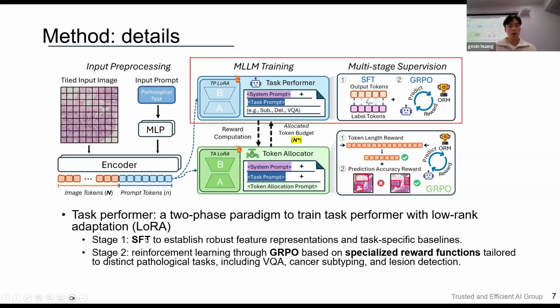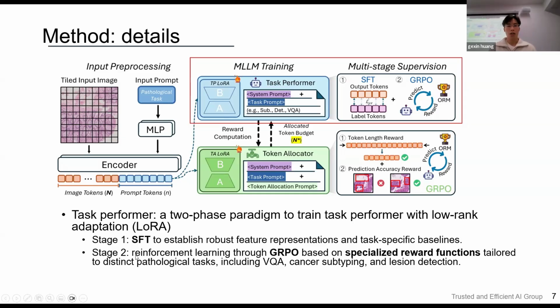The first phase utilizes supervised fine-tuning to establish a robust feature representation and task-specific baselines, because it utilizes a general vision language model, so it doesn't have enough specific clinical priors. So in the first step, they utilize SFT to establish such a capability.